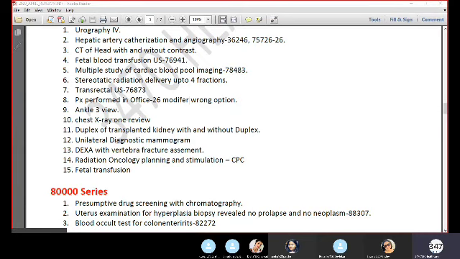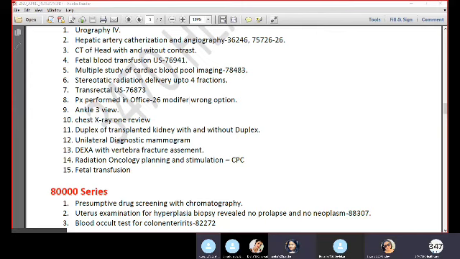Okay. Chest X-ray AP, PA view. What is the answer? 71046. Because what is meant by AP view?